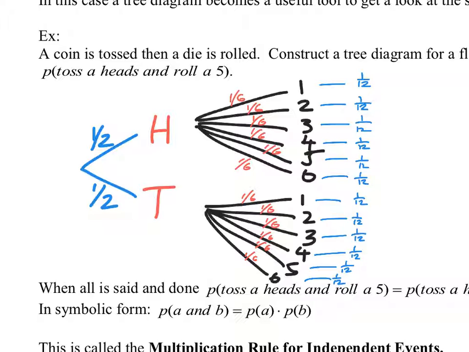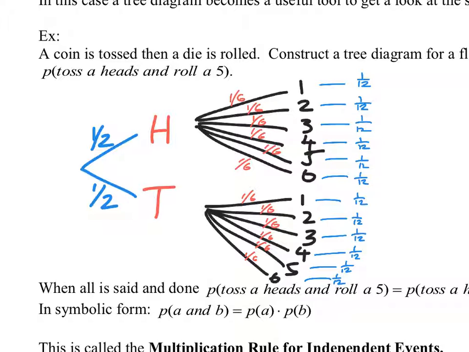If it were not uniform, so let's say it were a dependent situation where you're dealing with maybe two cards being selected from a deck and you had to make a tree diagram, then if you didn't replace the first card before you selected the second one, the probability of selecting the second one would be impacted by the fact that the first one was selected.